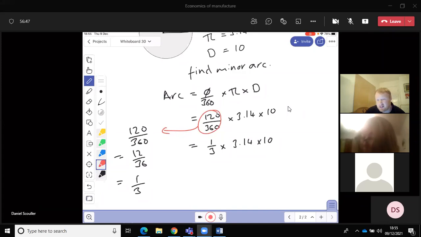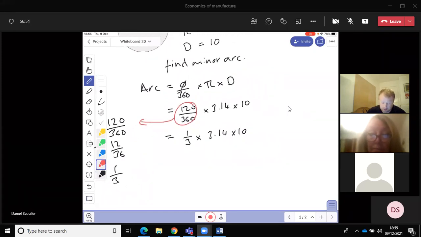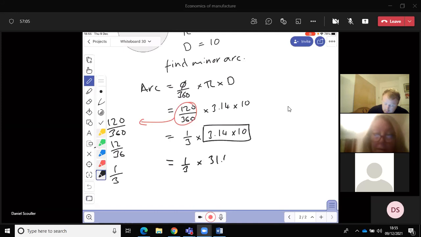It's not the easiest sum in the world. Okay, so 1/3. Sorry, do this part first. So 31.4 divided by 3. We know there's 10 going into it.